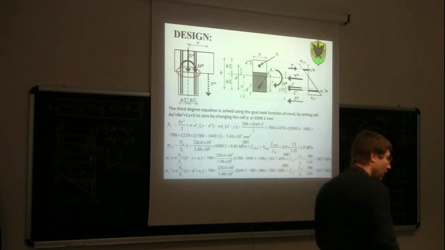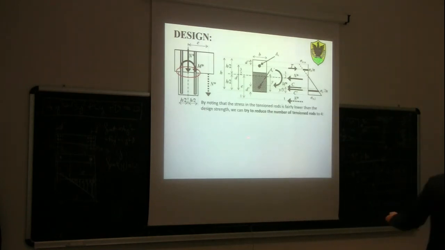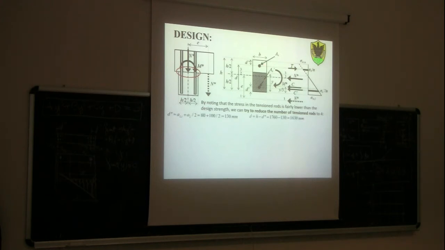So if we reduce the number of tension rods to 4 instead of 6, of course we need to change all the different quantities. We need to recalculate the effective number of rods. And so we calculate the area of the rods in tension. We recalculate again all the coefficients of the third degree equation.